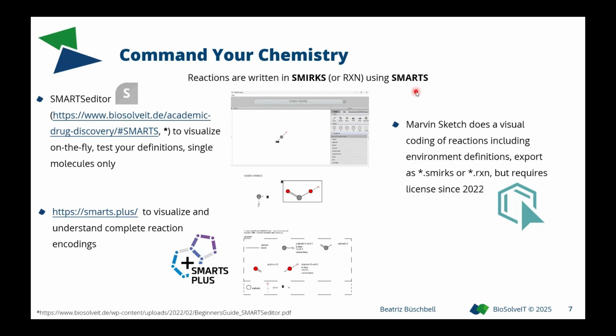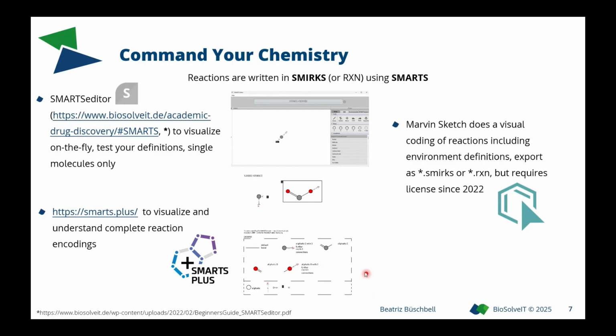Now that we have distinguished all of this, we have some little helper tools to guide you on how reactions can be written. For instance, internally we mostly use the SMARTS editor, which helps you to visualize and test your definitions, your substructure patterns, and test if they are correct, or if you want to add additional atom environments, which we will also briefly talk about.